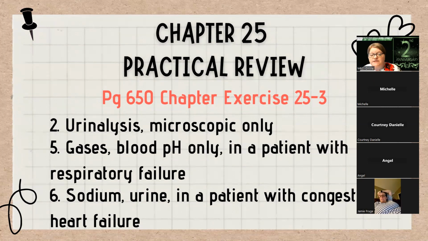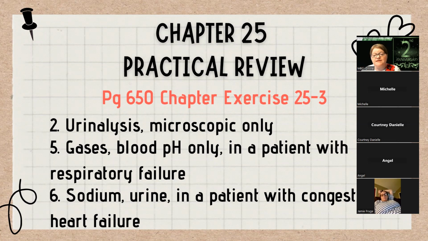So let's talk about the CPT code for number 5 first. Gases, blood pH only, in a patient with respiratory failure. Okay, so remember the difference in CPT and ICD-10. CPT is your procedures. ICD-10 is your conditions or diseases or illnesses, injuries, whatever the case may be.